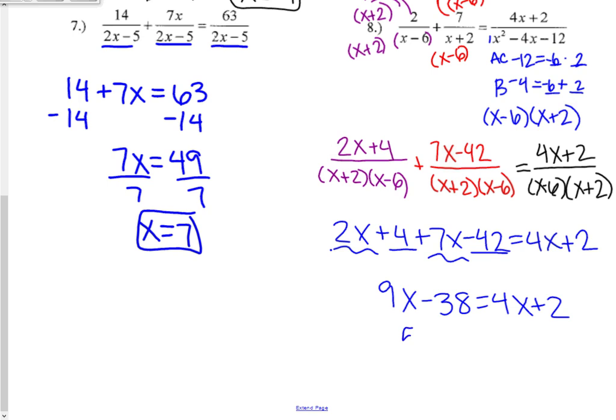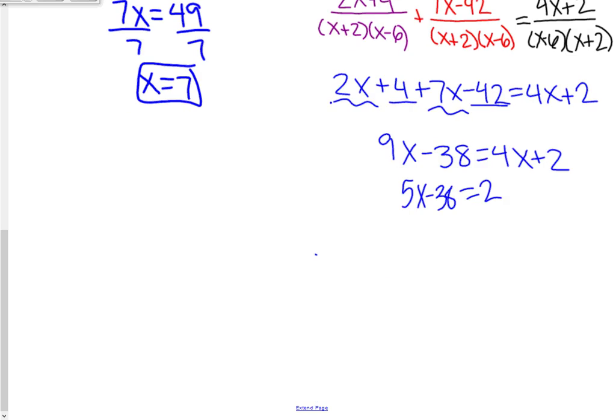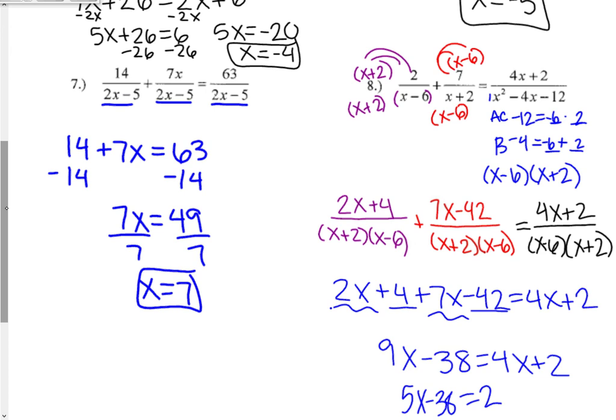Subtracting 4x from both sides, I have 5x minus 38 equals 2. I'll add 38, so 5x equals 40, and I'll divide by 5, so x equals 8. Again, please always go back and check, make sure it doesn't make your denominator equal 0. It doesn't, so that will be our solution.